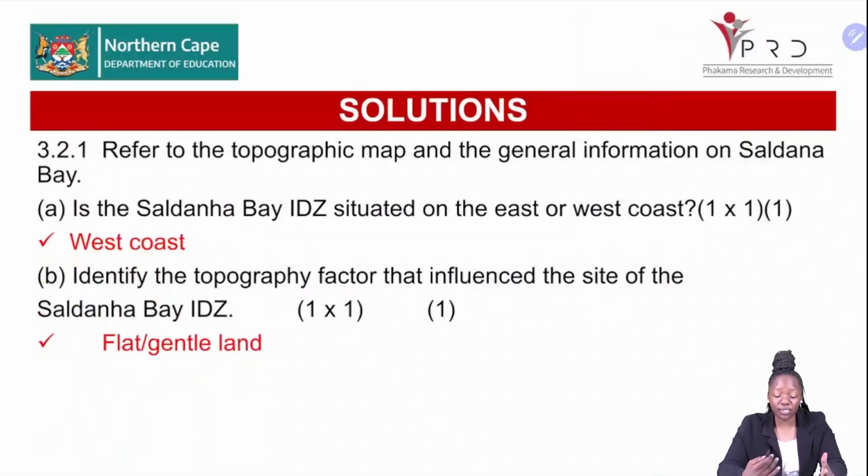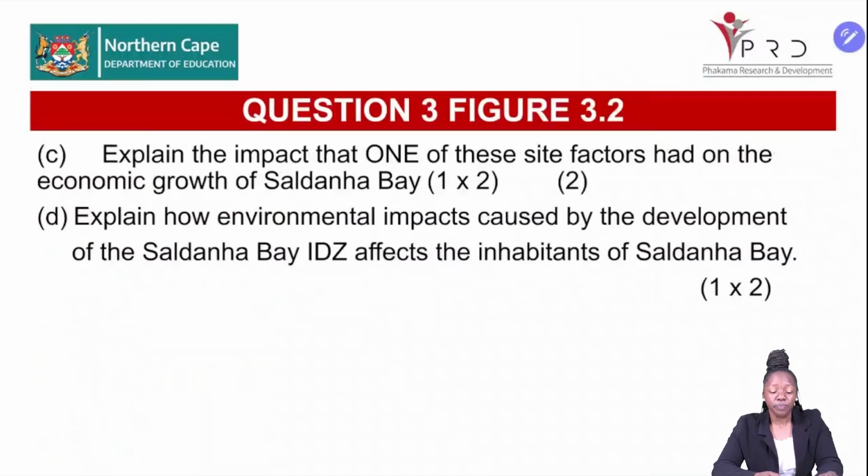As it is flat, it is now a site influence, the reason why this IDZ is located on flat or gentle land. You will remember again that it is easier and cheaper to construct on the gentle slope as compared to the steeper slope.